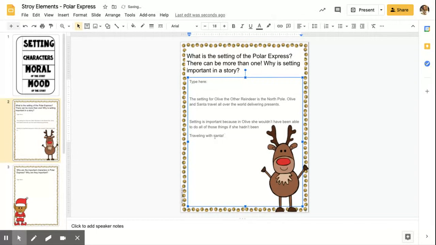Okay, so I'm saying that the setting was important because Olive wouldn't have been able to learn who she was and overcome all of those issues that they were having and be a problem solver if she hadn't been traveling with Santa, if she hadn't gone to the North Pole. Okay, so that's why setting was really important in Olive.